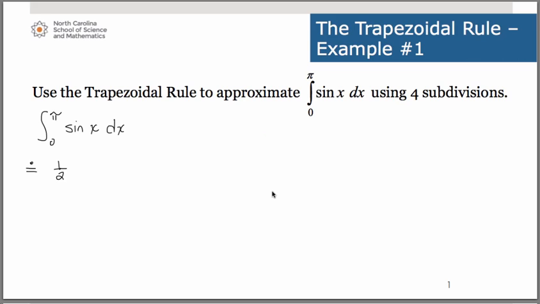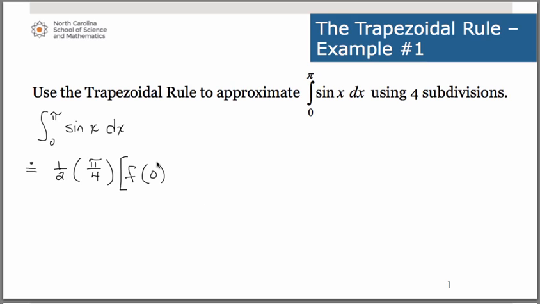Returning then to the setup of our formula, we have the 1/2 from the equation for the area of a trapezoid, times the height, which in this case is pi over 4 for each of those trapezoids. Now remember, we have to start into the lengths of the top and bottom bases of each trapezoid. The first base of the first trapezoid is given to us by the function value at 0.